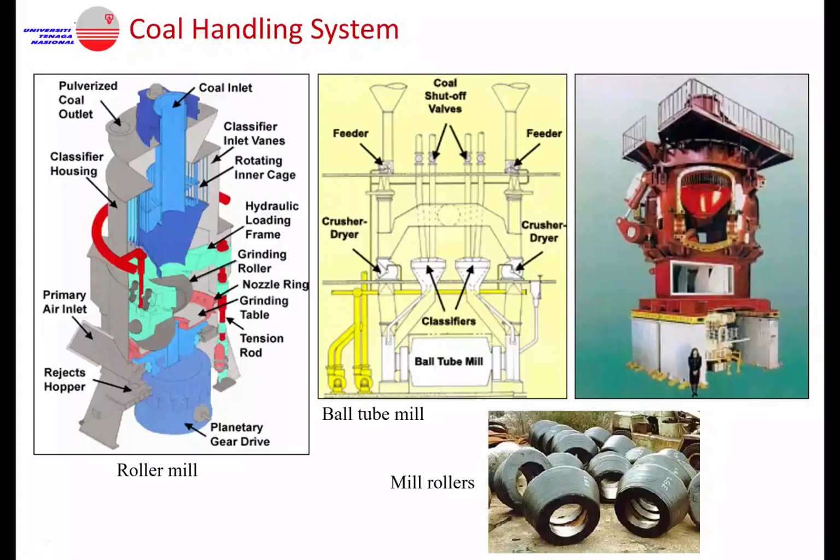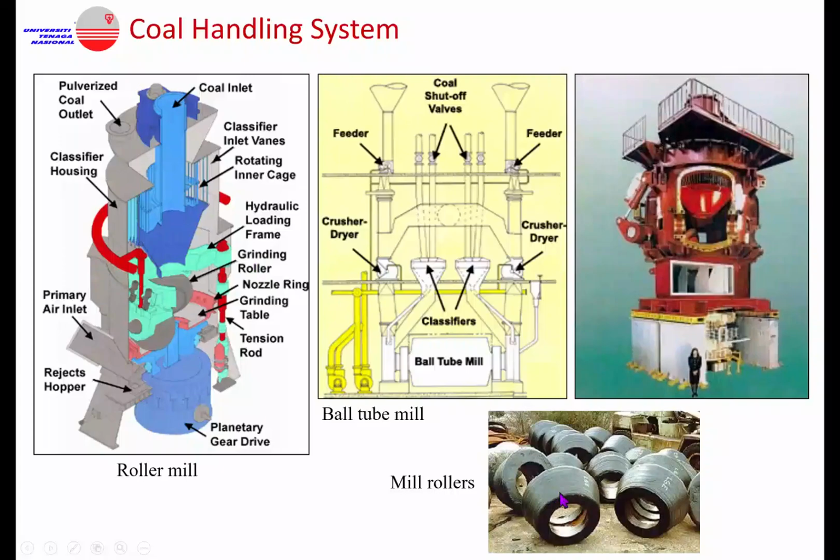Okay, the only function of this pulverizer mill is to make sure that the coal is crushed to the desired size before we burn the coal in the combustion chamber. To crush that, we use a grinding roller, which is made from stone as well.